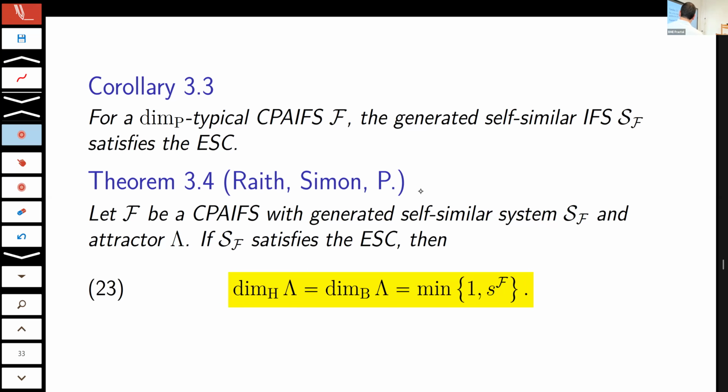What we proved is the following. Let us be a continuous piecewise affine iterated function system with generated self-similar system S, and assume that S, the generated self-similar system, satisfies the exponential separation condition. Then we have this dimension equality. That's what we had to prove, because if you can show this, then by Hochman you know that this property holds packing dimension typically.